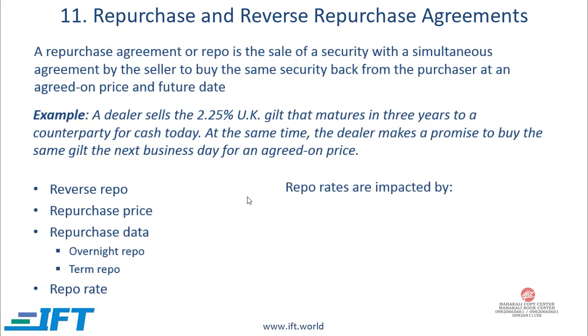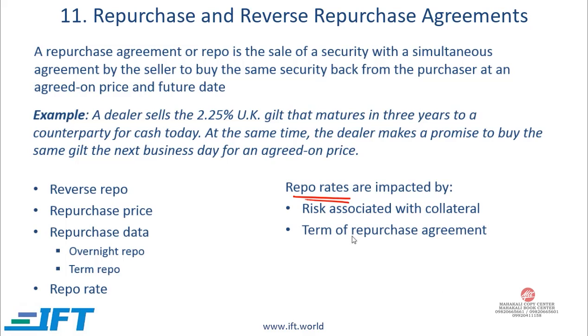The next thing we look at is the set of factors which impact the repo rates. And those factors are given right here. If the risk associated with the underlying collateral is high, that causes repo rates to be higher. Term of repurchase agreement: typically if the term is longer, then the rate is higher.